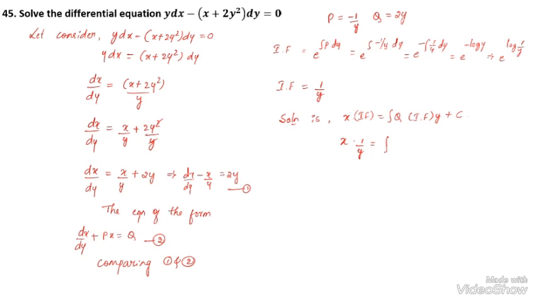Here 2y into integrating factor, that is 1 by y, dy plus some constant c. This y gets cancelled. Here this is dy. X into 1 by y is equals to integration of 2 dy plus some constant. 2 as a constant. Integration of 1 with respect to y will be y. That is 2y plus constant.